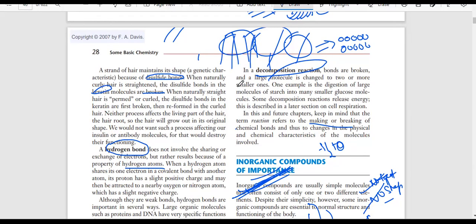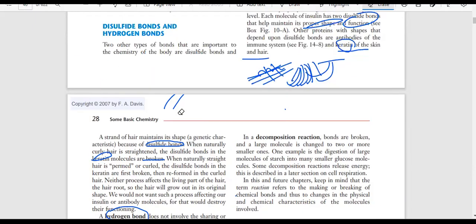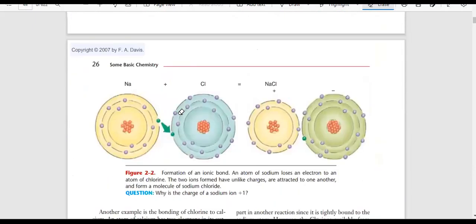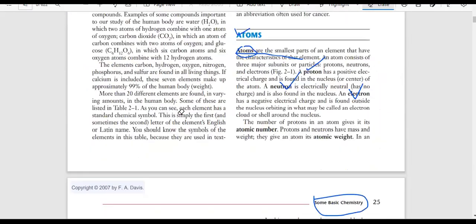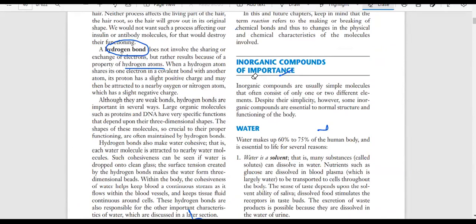We will talk about it in detail in later classes. Here the basics of chemistry are being explained. In later chapters we will be able to know about these things. I think you understood about chemical bonds. Now we will talk about inorganic compounds.